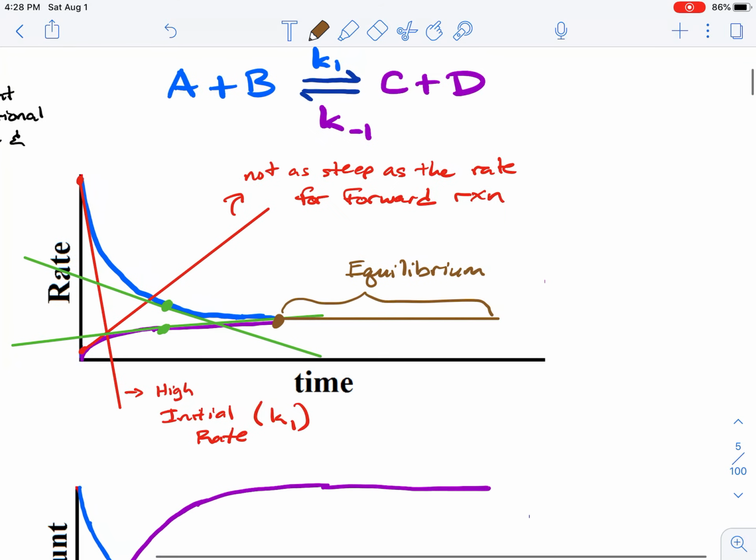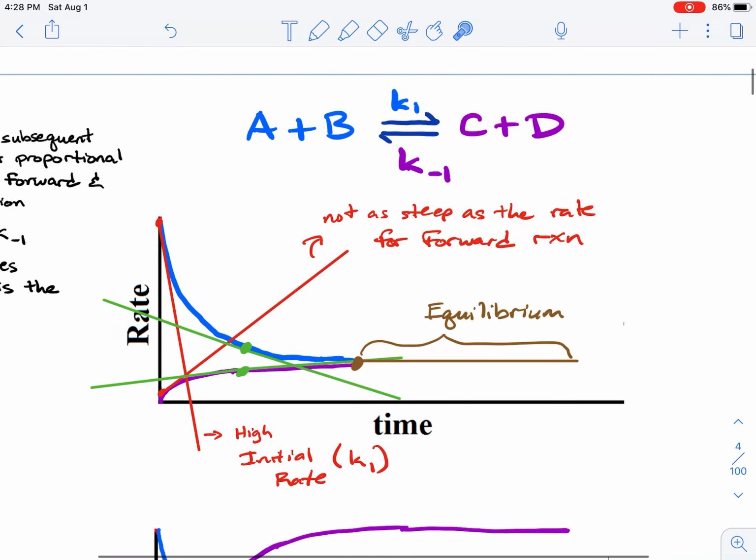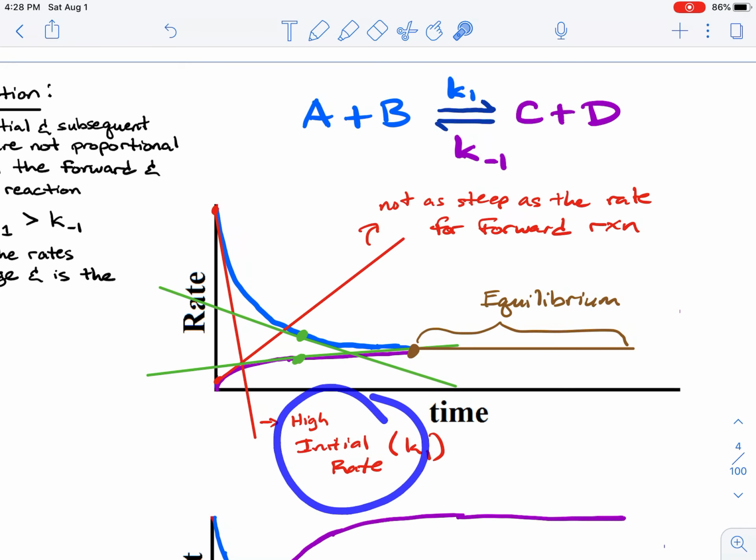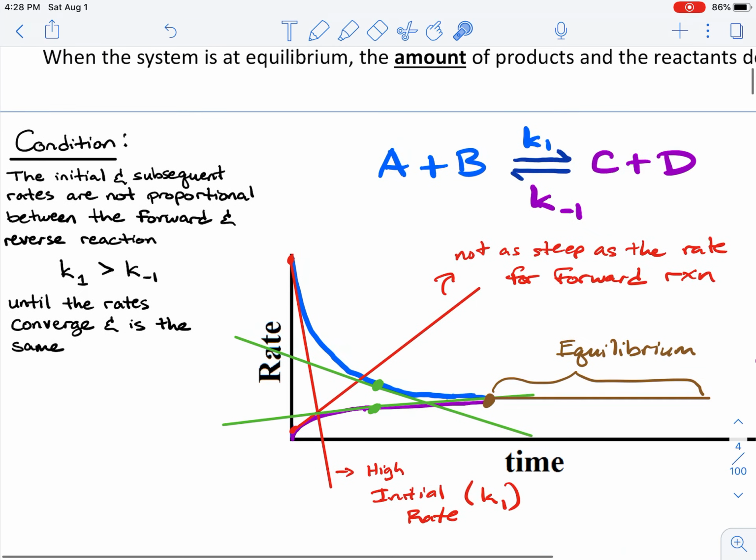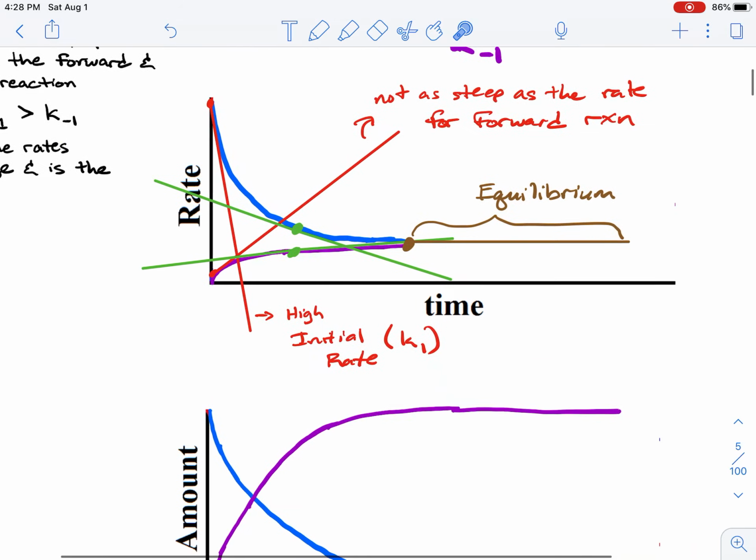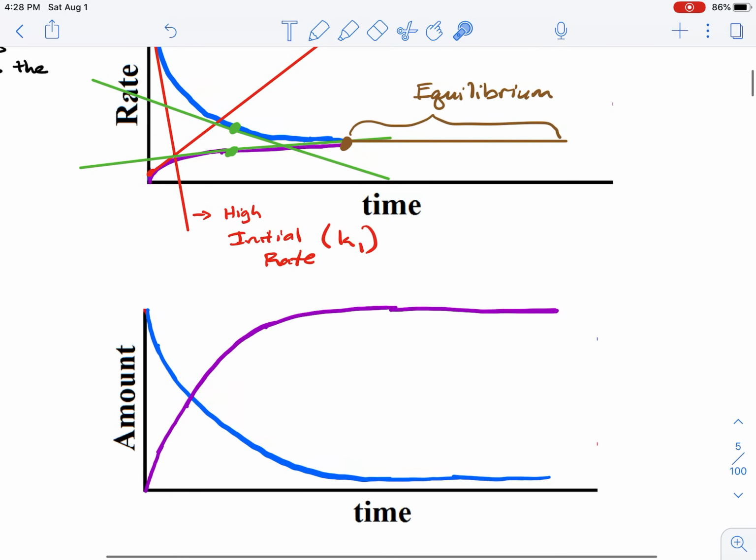And so let's understand how a high initial rate affects the concentration of reactants and products when the reverse rate is much slower than the forward reaction. I already drew it.